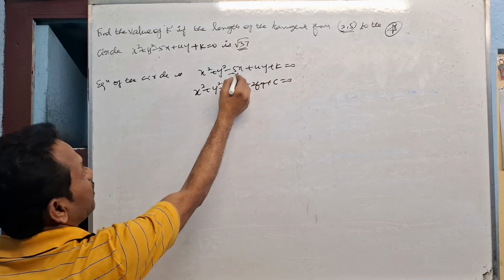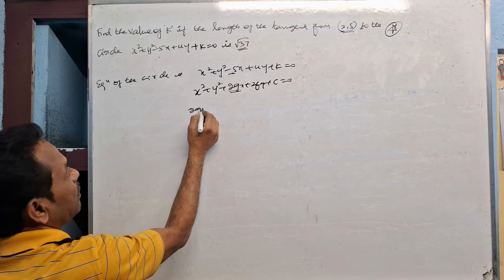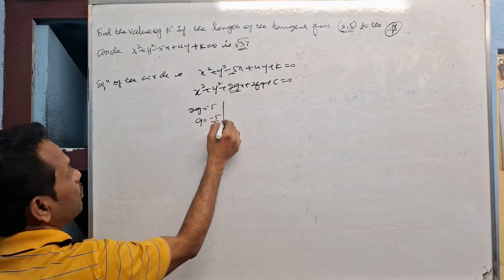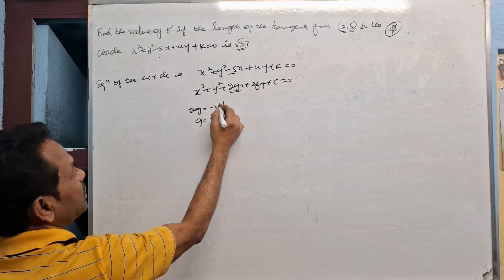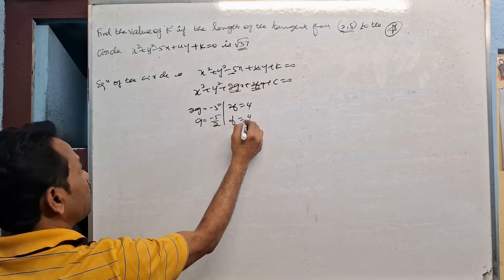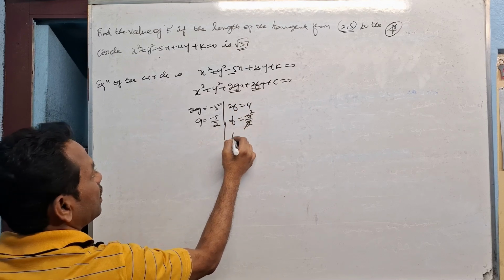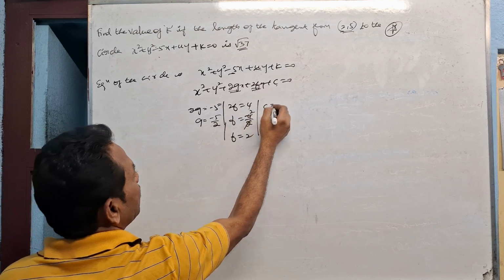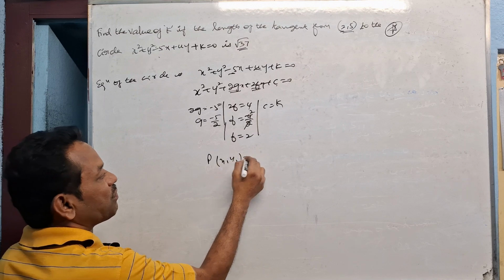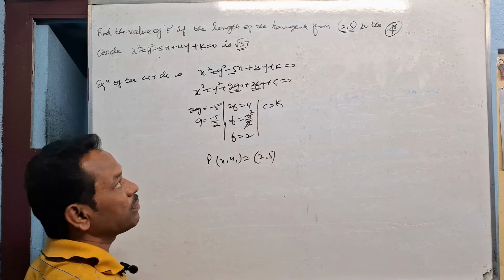Then we get 2g equal to minus 5, so g equals minus 5 by 2. Next, 2f equal to 4, so f equal to 2. The value of c will be k. And our point (x1, y1) is given as (2, 5).